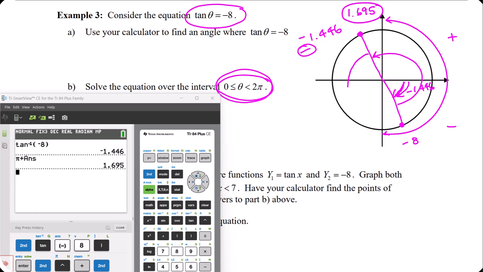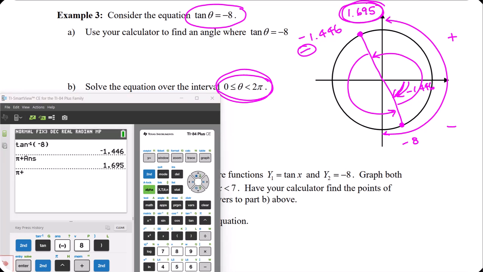To get the next angle in the third quadrant, I can add pi again. So I can do second pi plus, and the most recent answer is this 1.695.